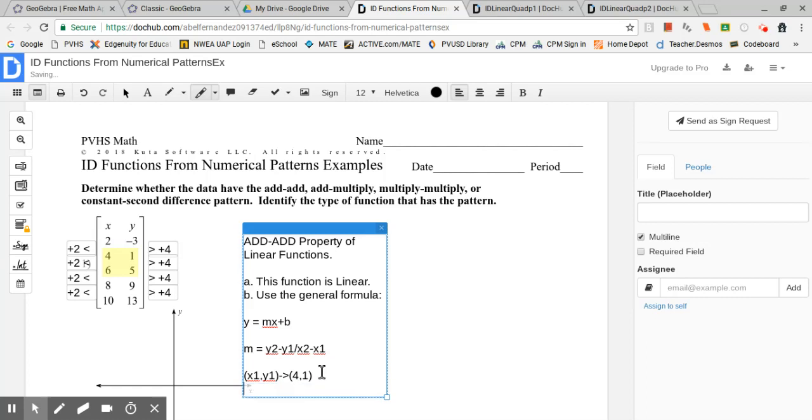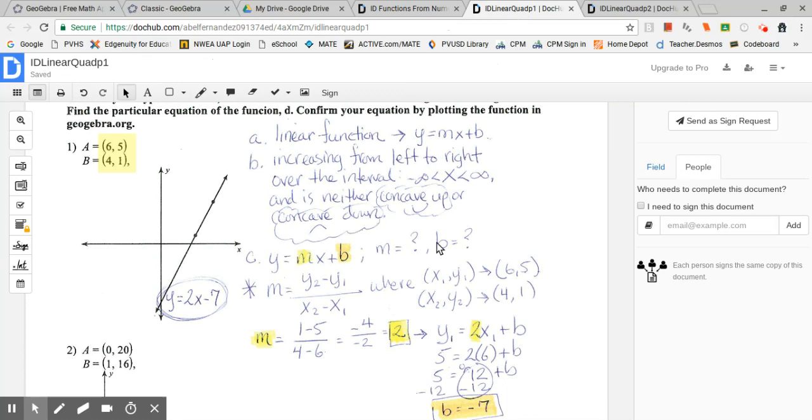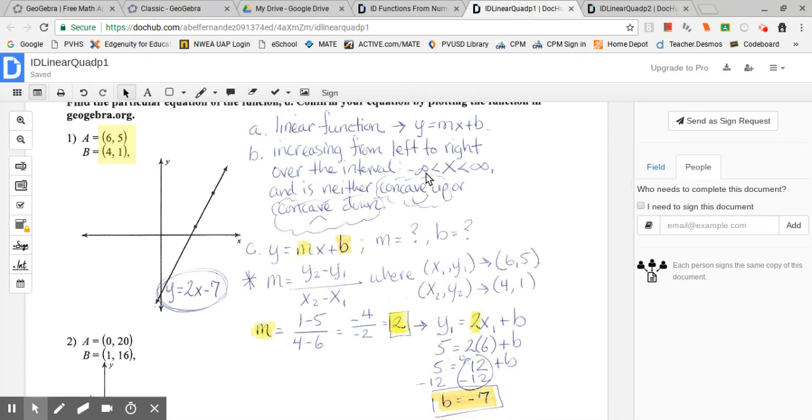and x2, y2 would be 6 comma 5. So this is the same process as the example I went through in class.